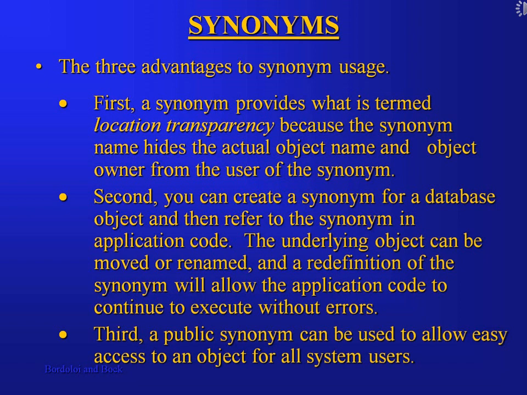The three advantages of synonym use. The first is that it provides what is termed location transparency, because the synonym name hides the actual object name and object owner from the user of the synonym.